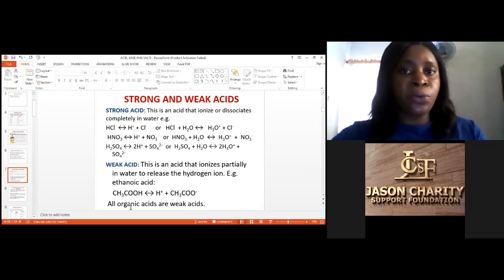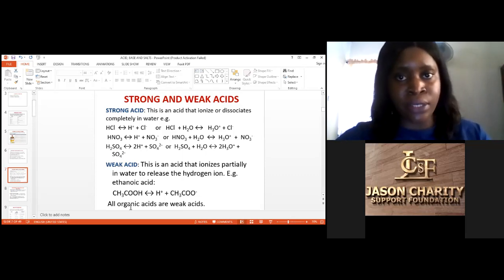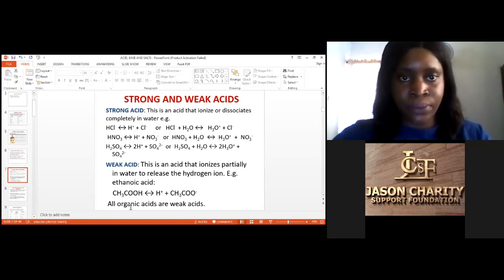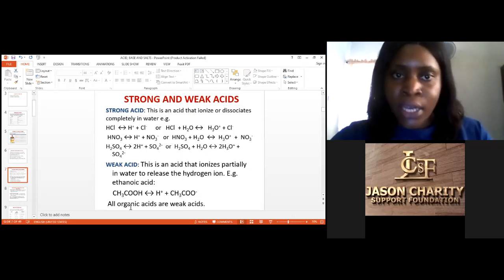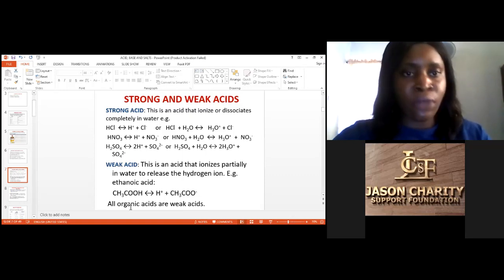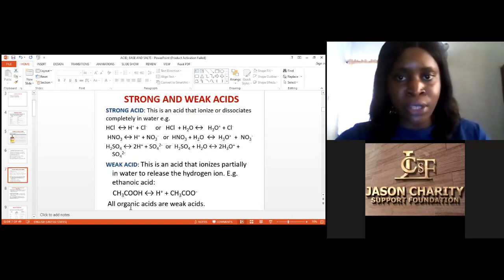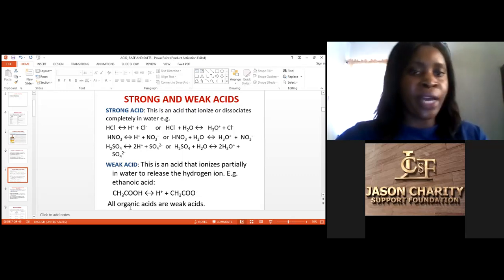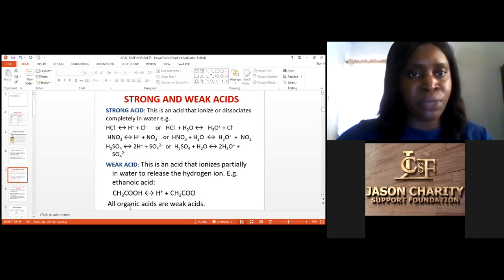So when the acid ionizes in water, it ionizes completely. So we have the different ionization of HCl, trioxonitrate 5, and also tetraoxosulfate 6. The equations show the different ionization of these 3 mineral acids.